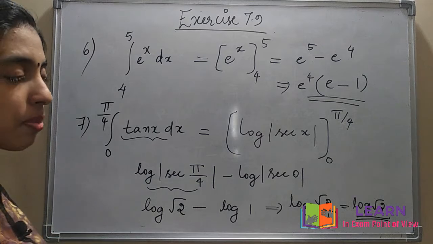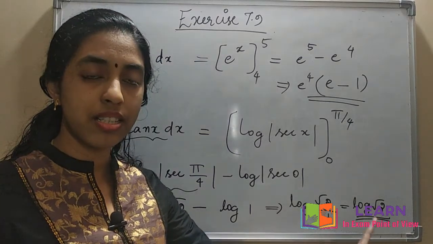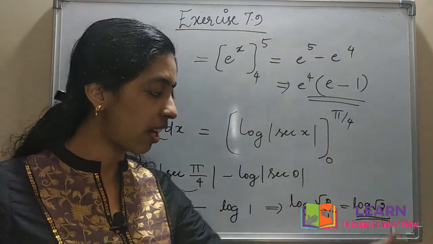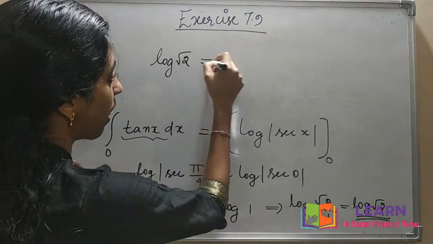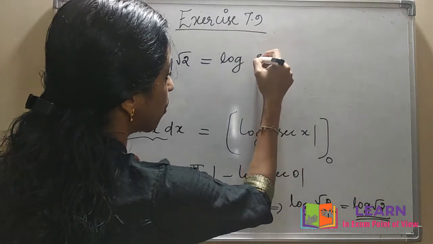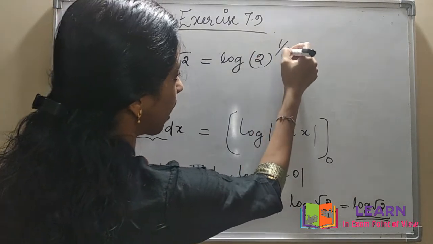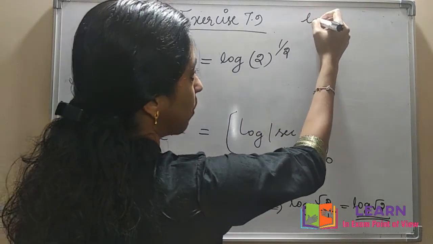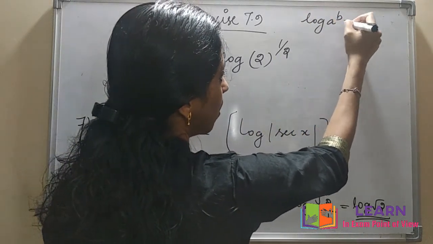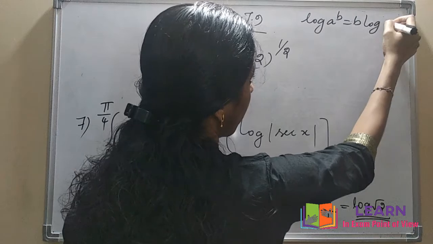Here you can stop. In some cases they will ask to prove a value. Then root 2 can be written as 2 raised to 1 by 2, so this is log 2 raised to 1 by 2. That is the log a raised to b form. Log a raised to b is b log a.